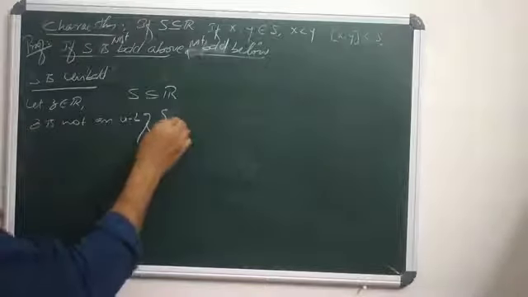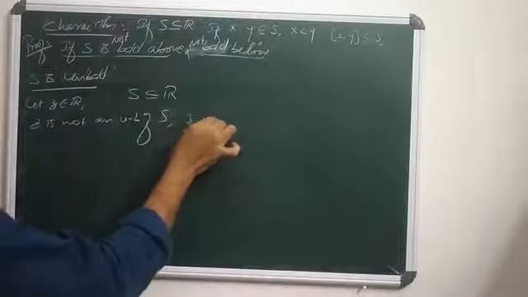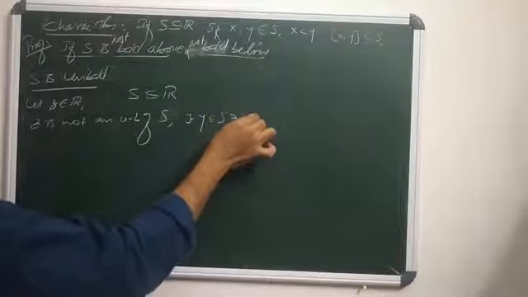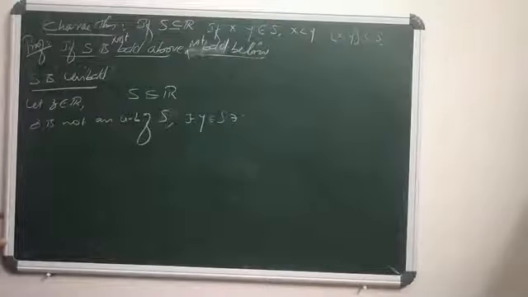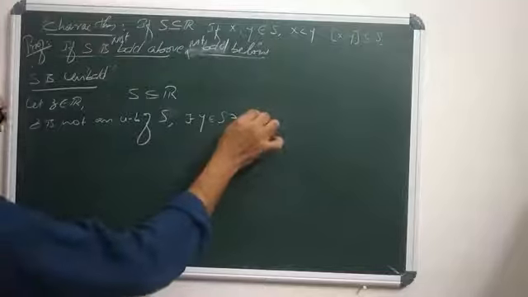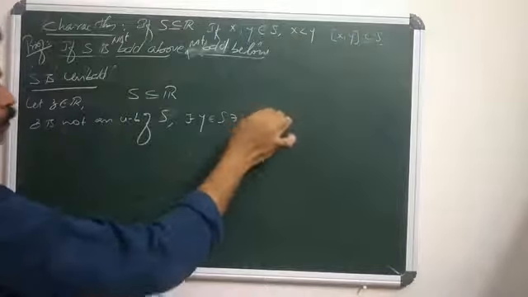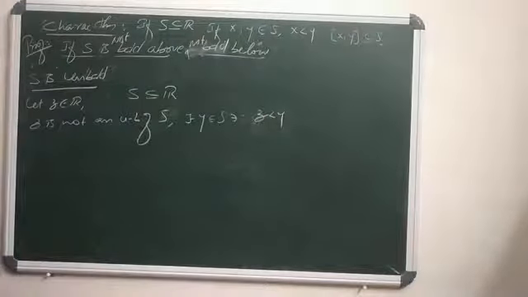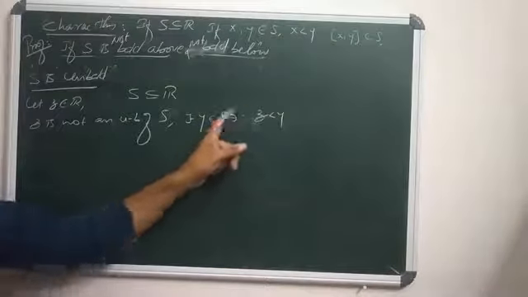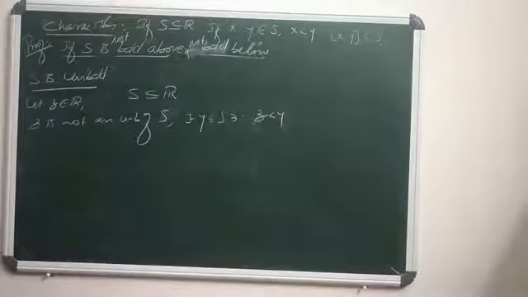Z is not an upper bound of S means there exists an element Y in S such that Z is less than Y. Since Z is not an upper bound, there exists a Y in S such that Z is less than Y.